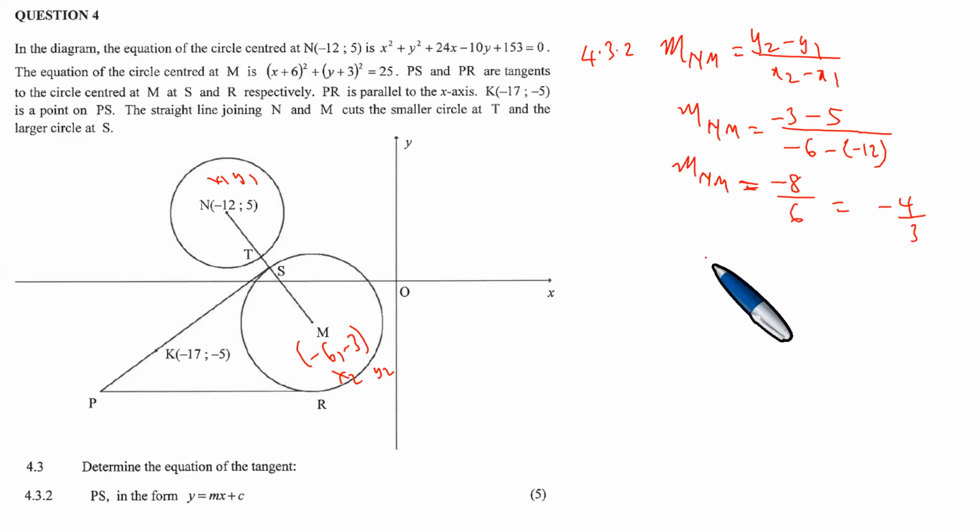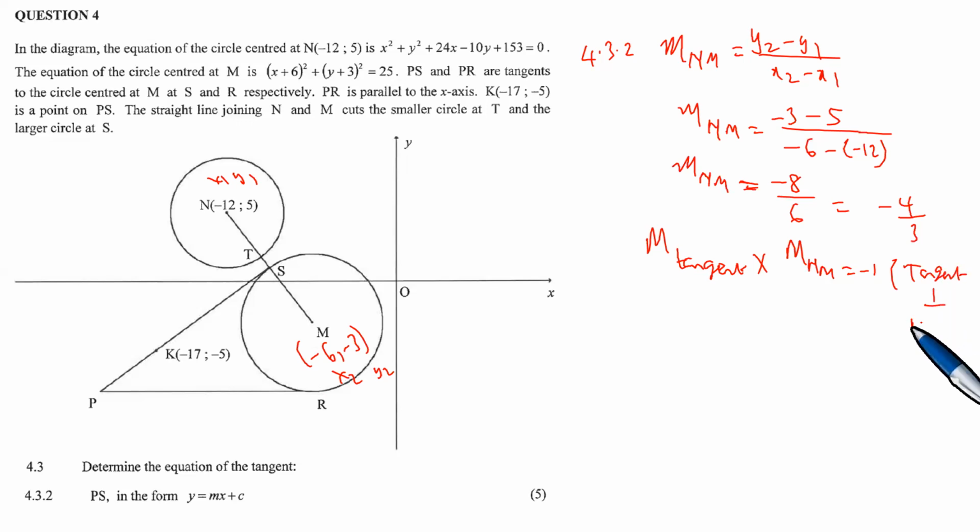Right. From which, therefore, we know that the gradient of the tangent multiplied by the gradient of NM is -1. The reason is that the tangent is perpendicular to NM.